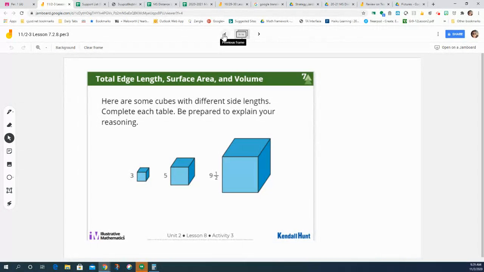This one is 3, which means all those sides are going to be 3. This one is 5, which means length times width times height are all going to be 5. And this one's 9.5, which means length, width, and height are all going to be 9.5.